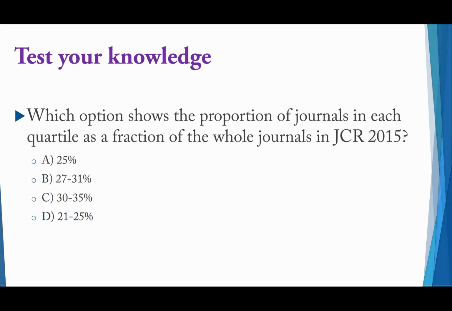Which option shows the proportion of journals in each quartile as a fraction of all journals in the JCR 2015? The correct answer is 27 to 31%, because one journal could be classified in more than one quartile.